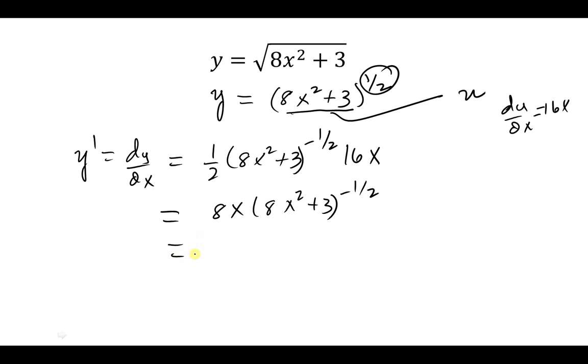And now we would write it this way: 8x divided by, we're going to bring the 8x squared plus 3 to the denominator and write it as the square root of 8x squared plus 3. And so this is the answer.